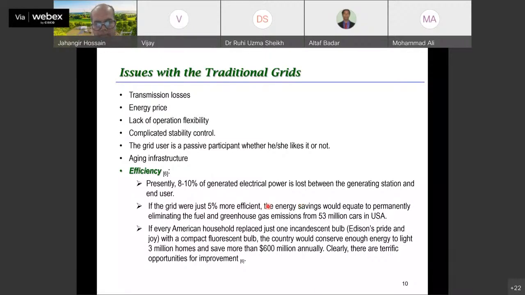Another example: if they replaced their old fluorescent bulbs with energy-saving lights, the same amount of energy could light 3 million homes, and it could save more than 600 million annually, just by replacing those lights. So if you convert that, it's a very big number.